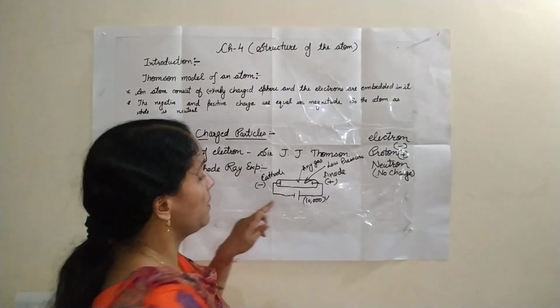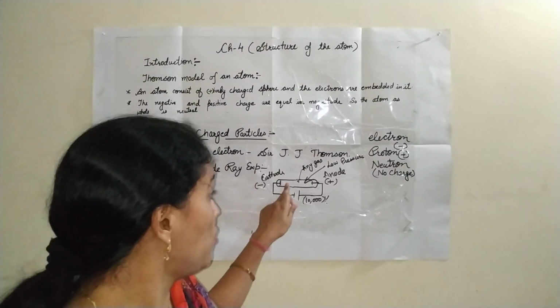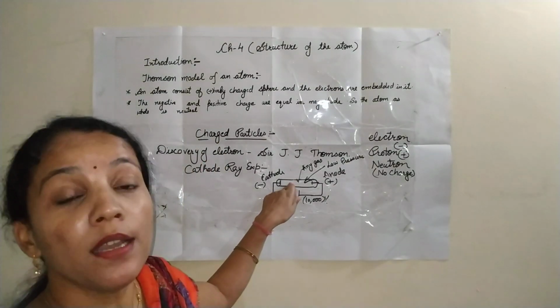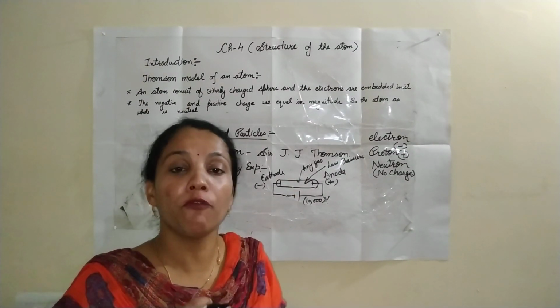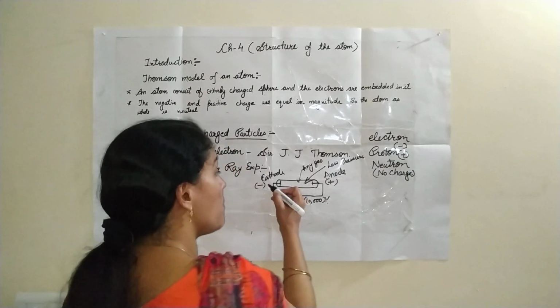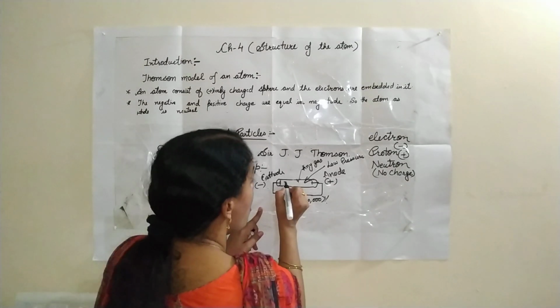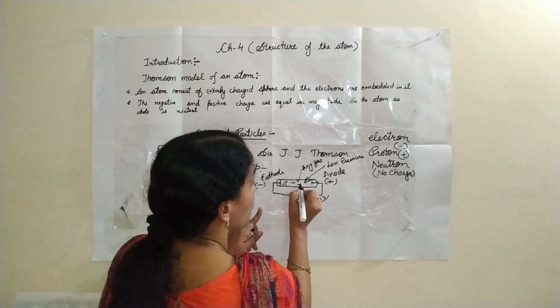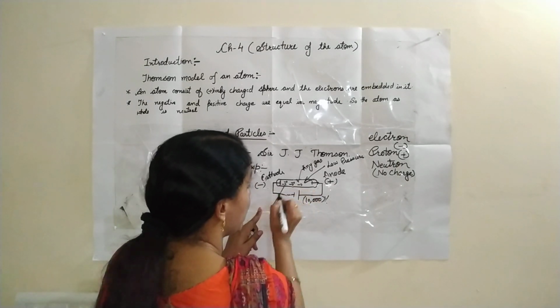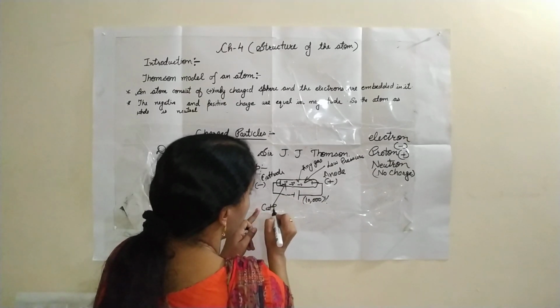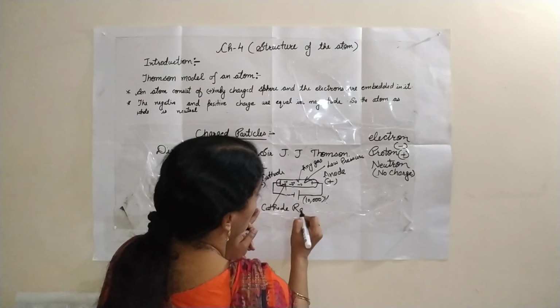What happened? When charge is passing through this glass tube, some small fine particles move from the cathode side to the anode side. That's why we call them cathode rays.